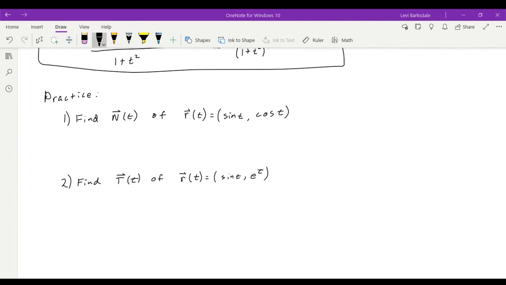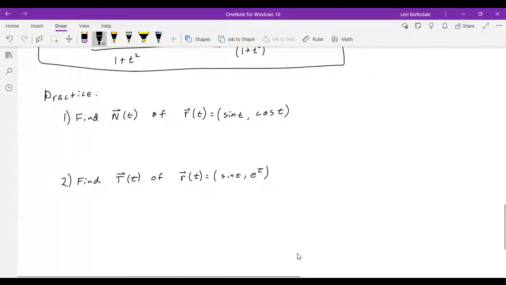All right, how's it coming? Right, let's just go over this first one. So in order to find the unit normal, we need to start by finding the unit tangent.